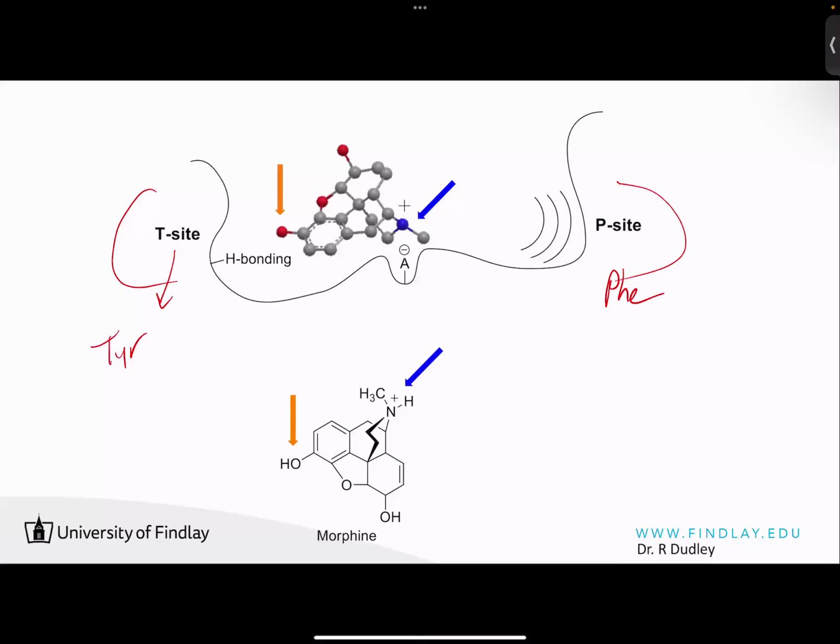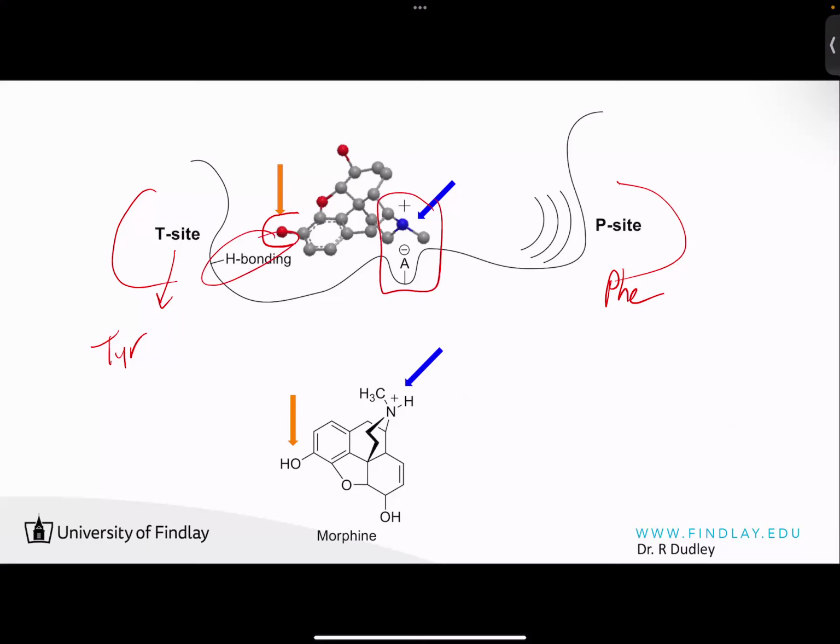So we had T site binders and P site binders. And when you start to tease out what the crystal structures have revealed about opioid agonists binding to the mu receptor, we can say that morphine is typically regarded as a T site binder, and the alcohol at the 3 position is going to H bond here.